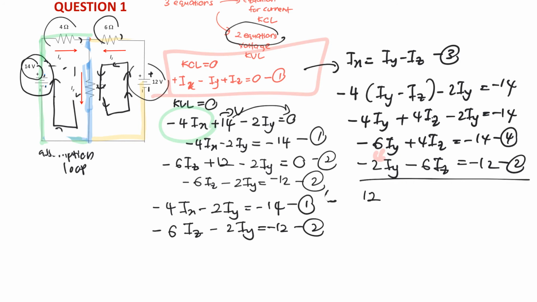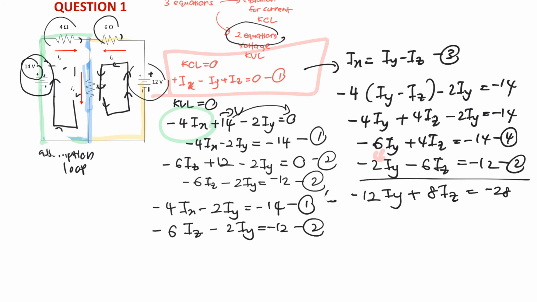Okay, negative 12iy plus 8iz equals negative 28. Okay, you only multiply the number, not the sign. Okay, 12, 8 and 14, and then the next one.